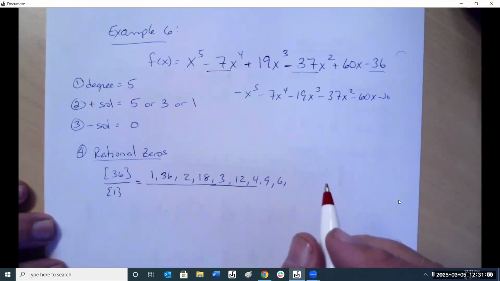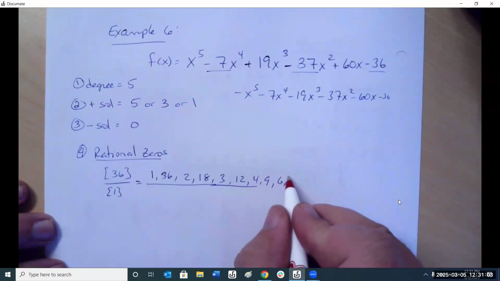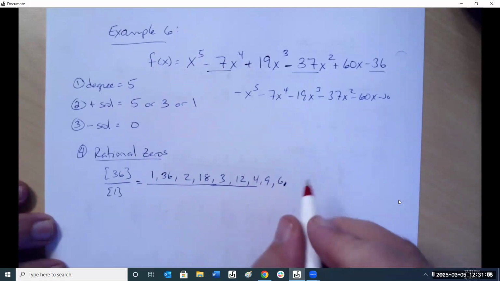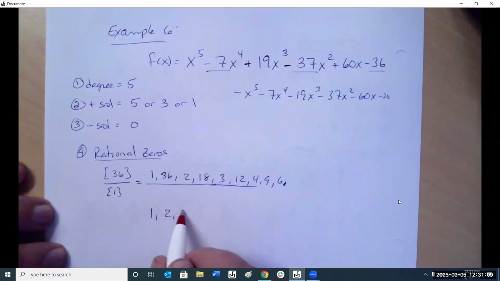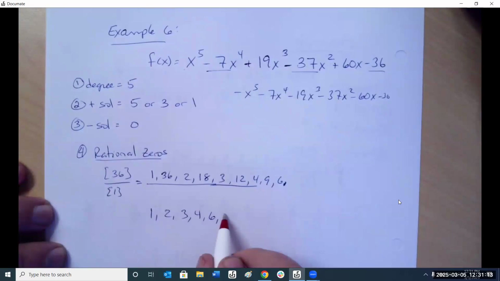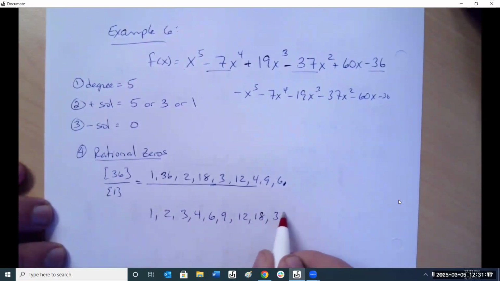So those are the possibilities: 1, 2, 3, 4, 6, 9, 12, 18, 36.